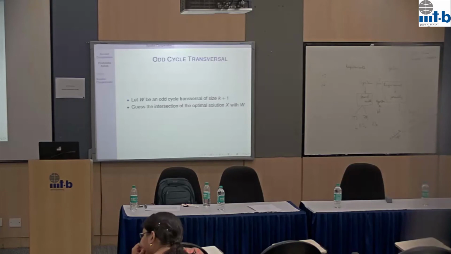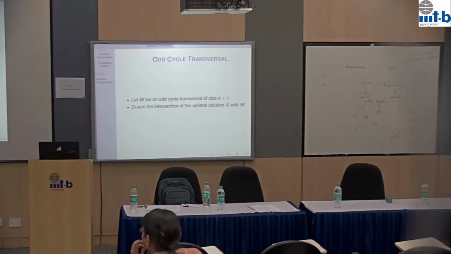You are checking whether there is an OCT of size k. Now assume such an OCT is there, let's call it X. An odd cycle transversal in the graph means a set whose removal will make the graph bipartite.